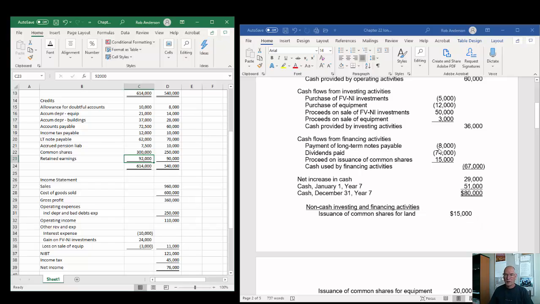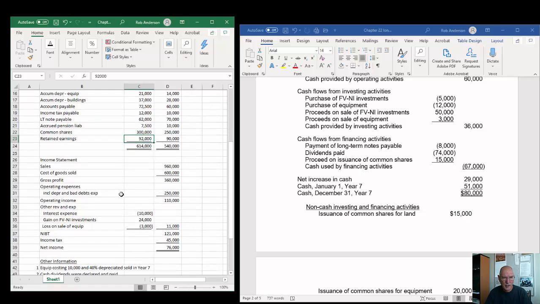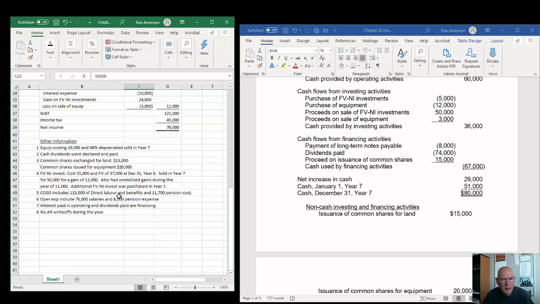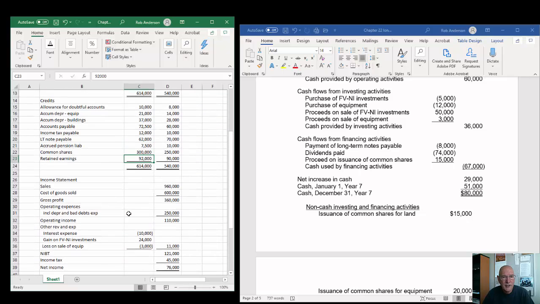The only number that we really have left is, what about common shares? Did we issue common shares during the year? It doesn't tell us, does it? I don't think I see that here. Well, let's look at common shares. We went from 250 to 300.